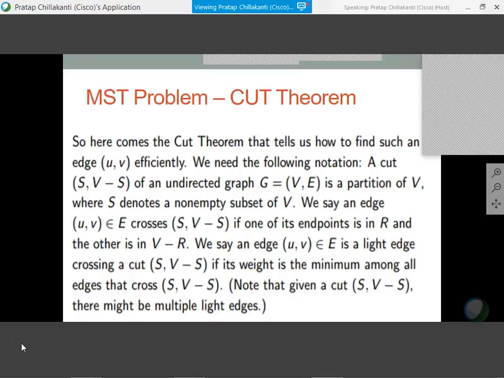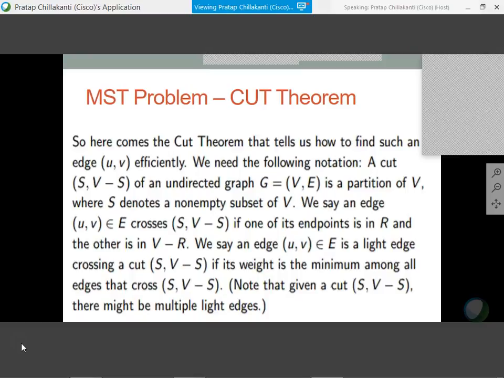But I'll say it anyway. So when you talk about a cut, you have this formal notation S, V minus S. S consists of the set of vertices which would cut the graph into two disjoint sets, okay?